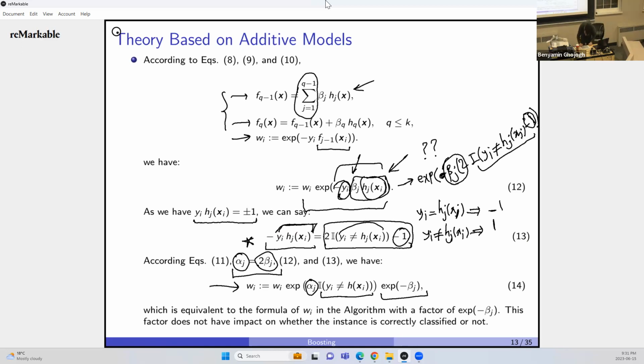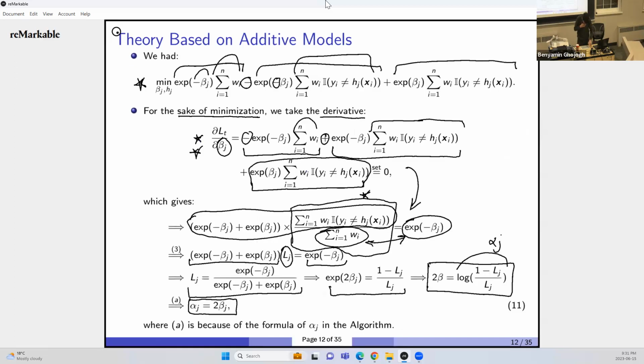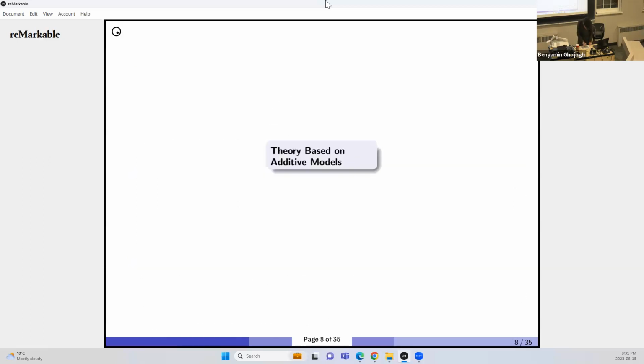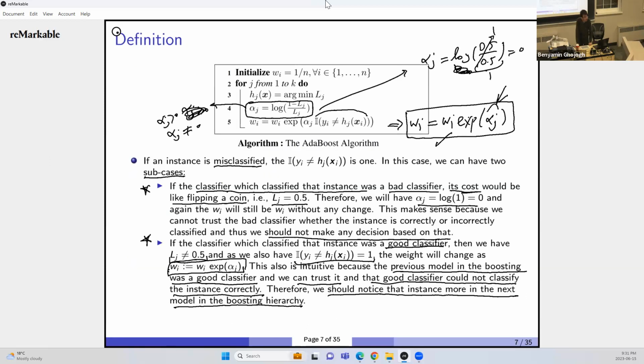I'm also using the fact that e to the a plus b equals e to the a times e to the b. And what is this equation? Interestingly, we just proved the formula of w_i in the algorithm. Let's go back and see. Take a look at line 5.